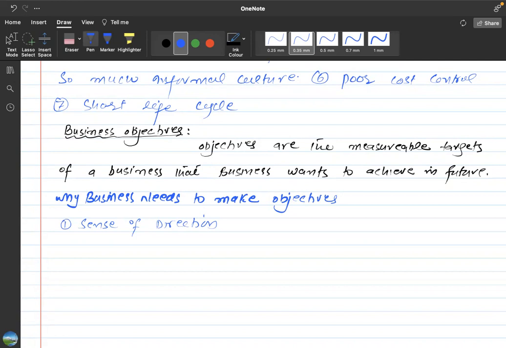They can provide specific targets for the future decision making process, for making future strategies. They also become a means of measuring success or failure in future.